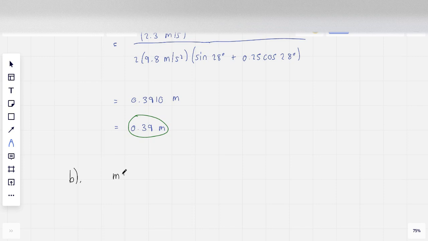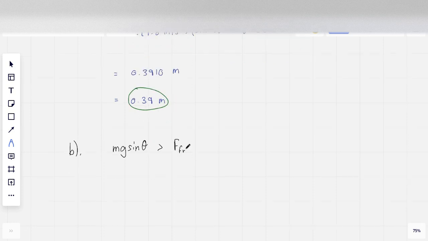So this means mg sine theta must be greater than the frictional force, which means that mg sine theta must be greater than mu s times mg times the cosine of theta.